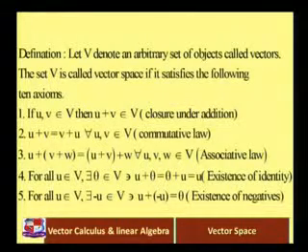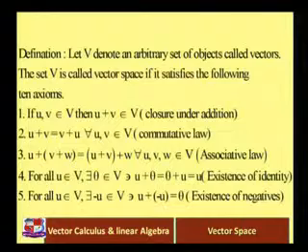It's called the associative law. The fourth condition is, for all u belonging to V, there exists theta. Theta means identity. So this condition is called existence of identity. For all u belonging to V, there exists theta belonging to V such that u plus theta is equal to u.